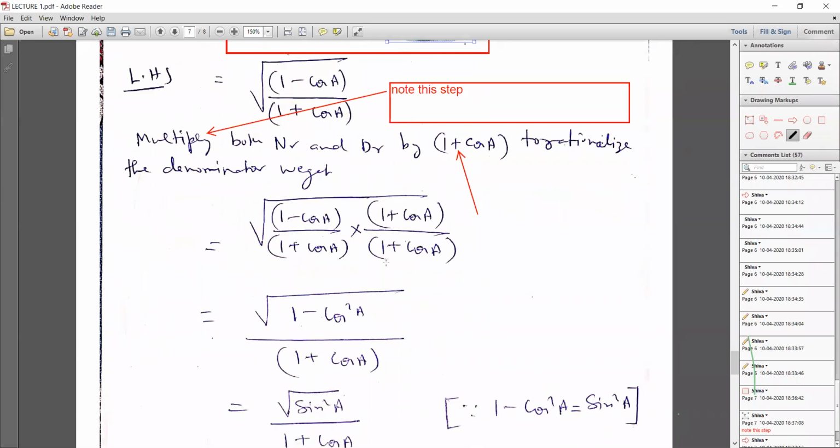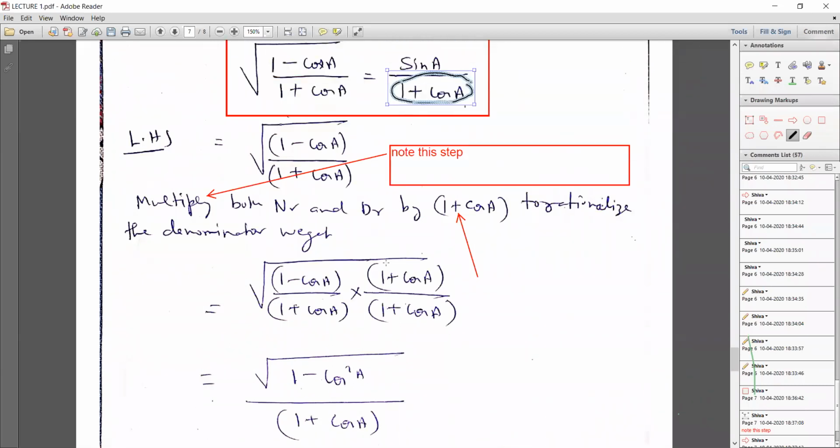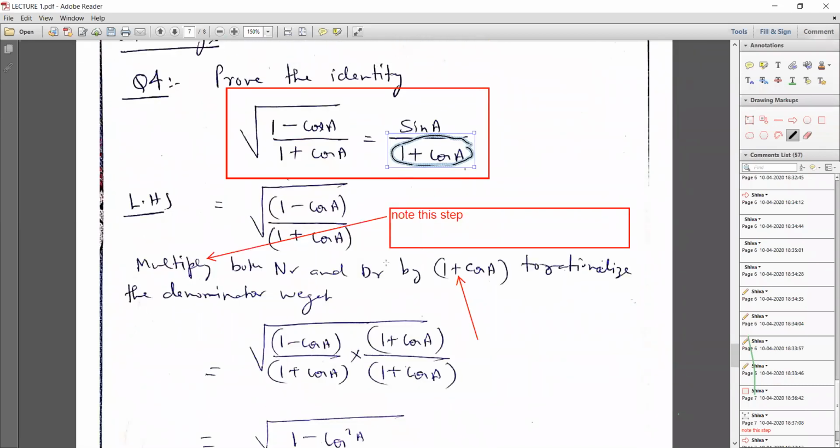So I have multiplied both numerator and denominator by 1 plus cos A, because we have to bring 1 plus cos A on the right hand side. I have multiplied both numerator and denominator by 1 plus cos A upon 1 plus cos A.